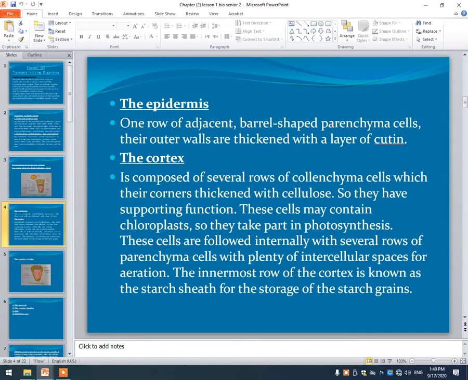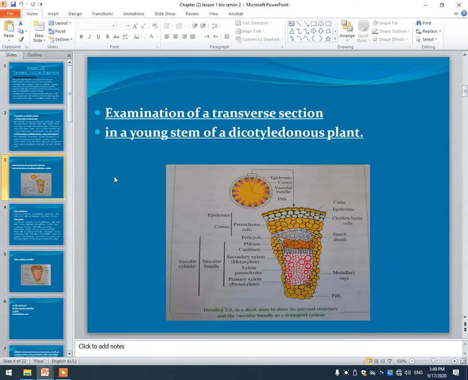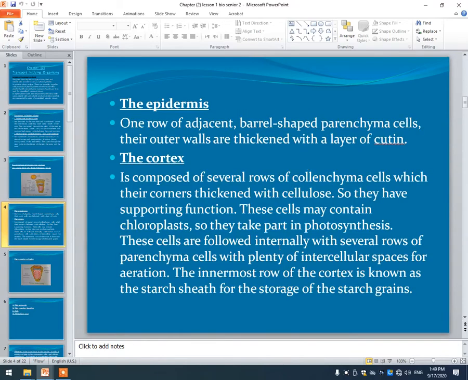The cortex consists of several rows of collenchyma cells. This is called collenchyma cells. After that, parenchyma cells. Collenchyma cells are thickened with cellulose, so they support the stem. So they have a supporting function.